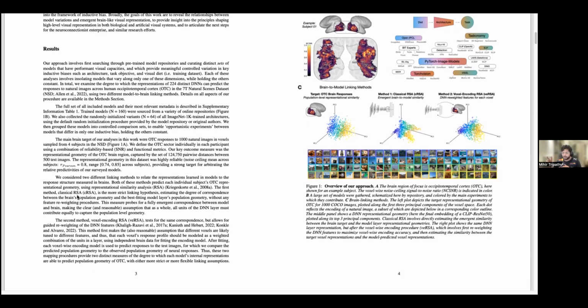These two are also factors in determining how well the model embeddings correspond to the brain activity.